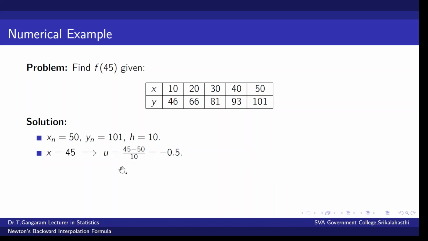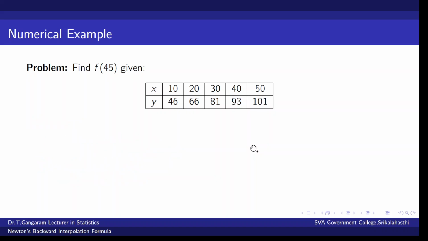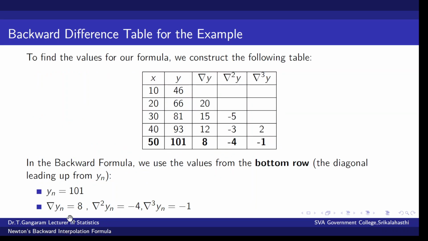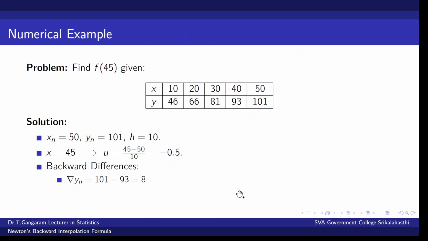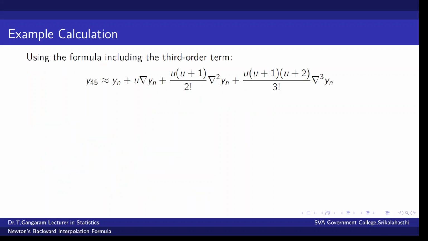So u is equal to x minus xn, 50, divided by h, which is equal to minus 0.5. Backward differences are Δyn is equal to 8 from this table, then minus 4 and minus 1 respectively. These are the backward differences.